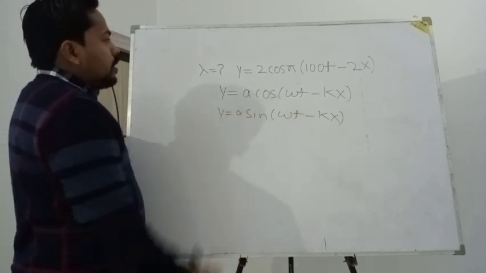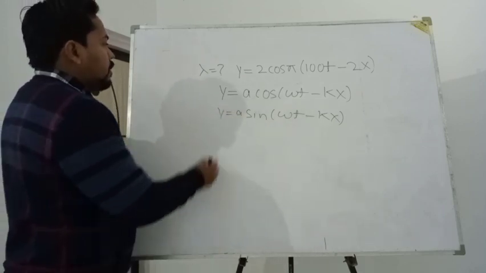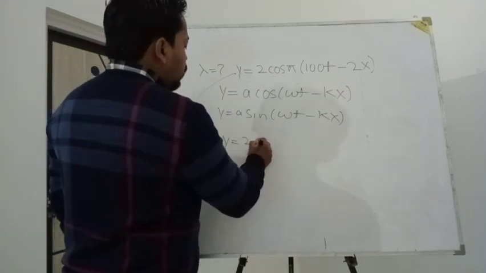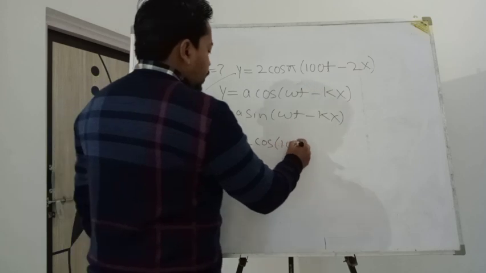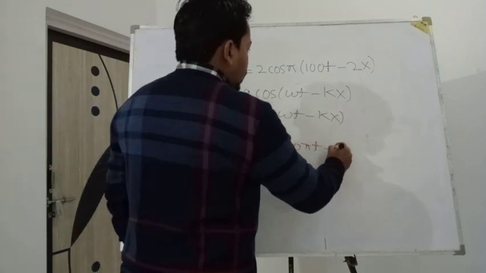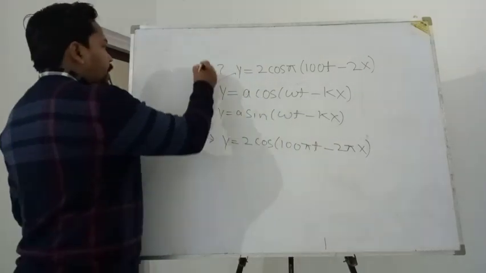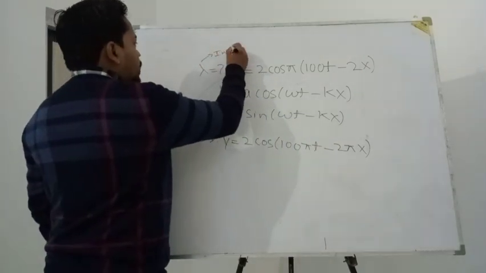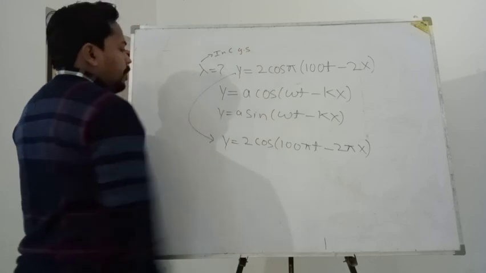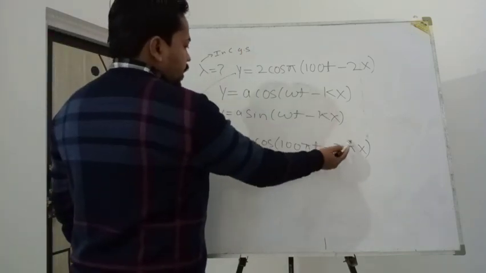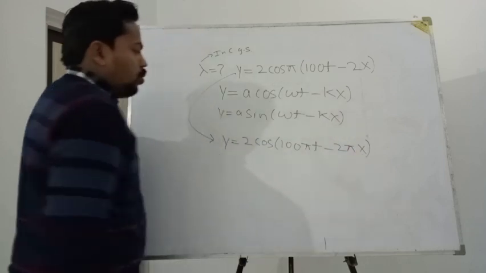If we compare, we can modify this equation to 2 cos of (100 pi t minus 2 pi x), in CGS. In place of k you can see the quantity is 2 pi.